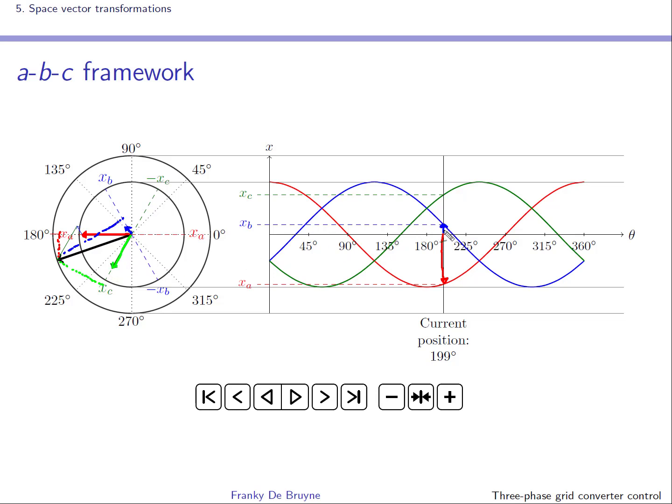So this is the component for the C axis. So you can see that at all times the rotating vector in black is decomposed as the sum of its projection on the A axis plus its projection on the B axis, this vector over here, plus its projection on the C axis, this vector over here.